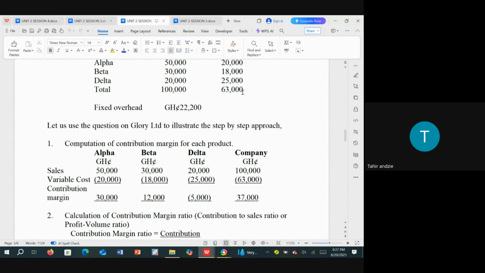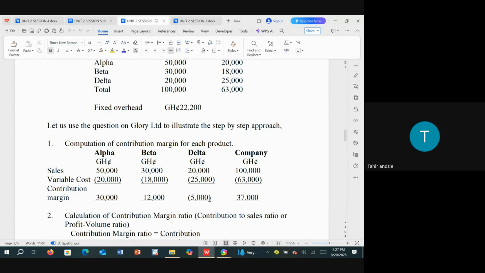But if you are not given this on a unit basis, you can also determine the contribution by deducting the variable cost from the total sales. So in this case, our contribution margin is equal to sales revenue less variable cost. Okay, so this will become our contribution.